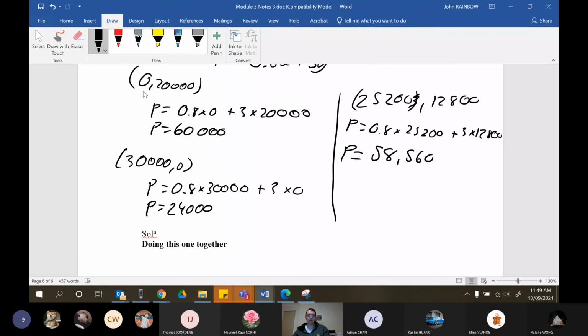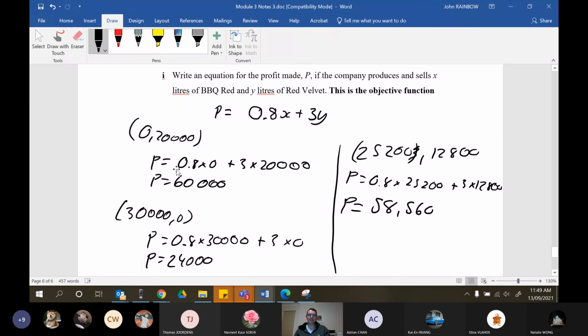I'm better off not even producing any barbecue red and just producing more litres of my red velvet, because I make more profit there. So what I'd really want to do is start thinking about what land I'm using.